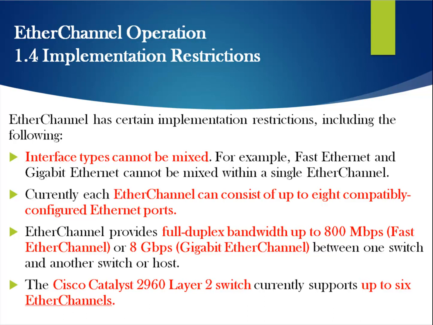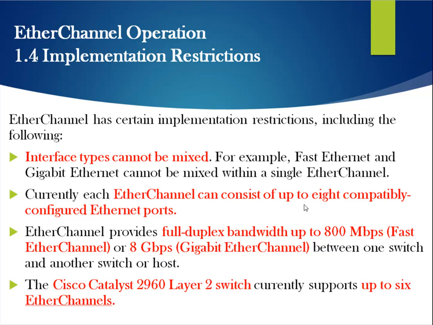The second restriction is the maximum number of ports you can have in an EtherChannel. It differs based on the Cisco switches. In general, you can have up to 8 compatibly configured Ethernet ports.